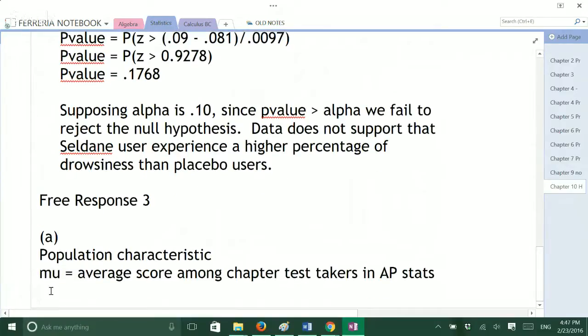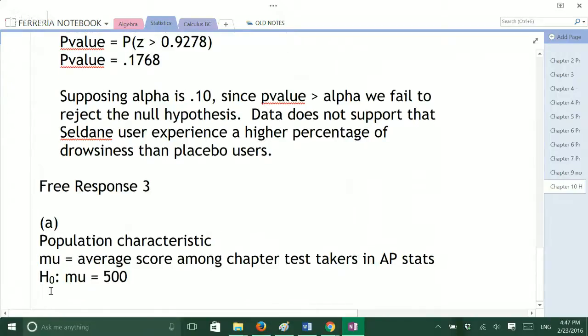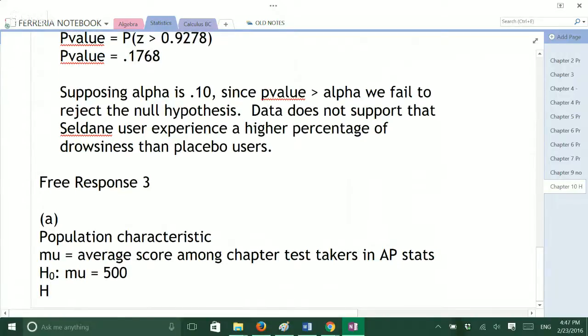Next, what are the hypotheses? H naught would be mu equals 500. H alternative would be mu is greater than 500.